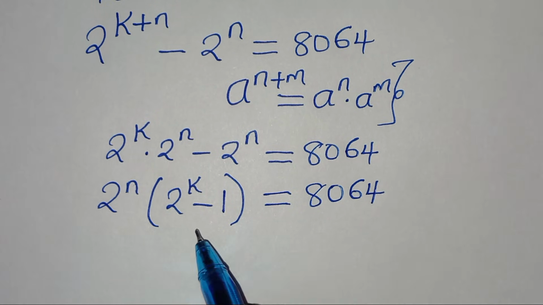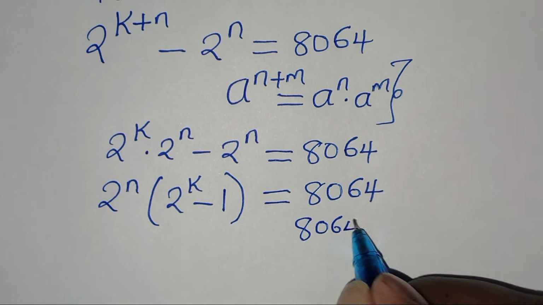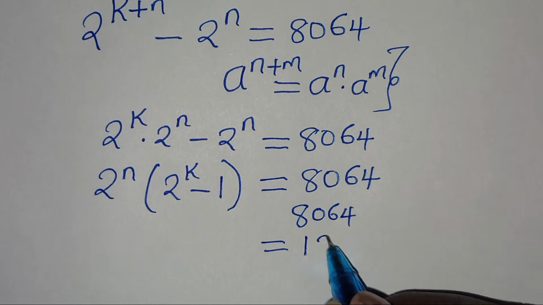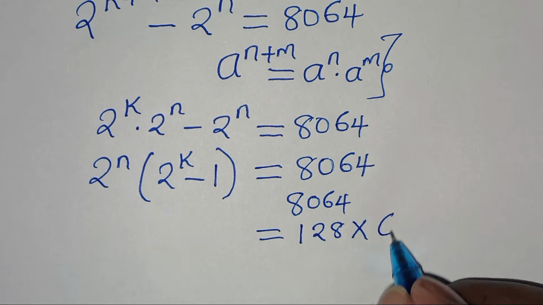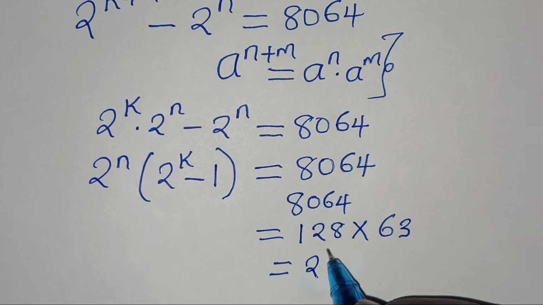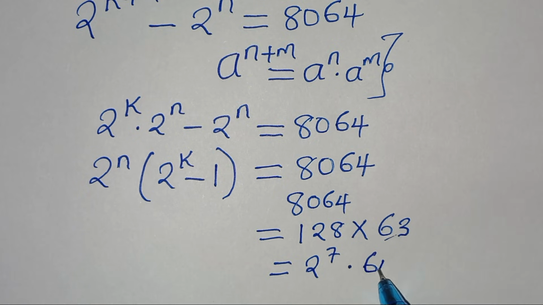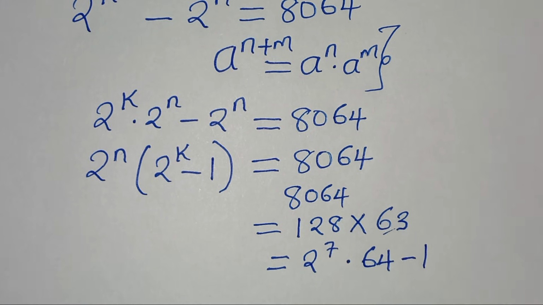Now, the next step is that we have 8064. This is the same thing as 128 multiplied by 63, which we can also express as 2 to the power of 7 multiplied by 64 subtract 1.